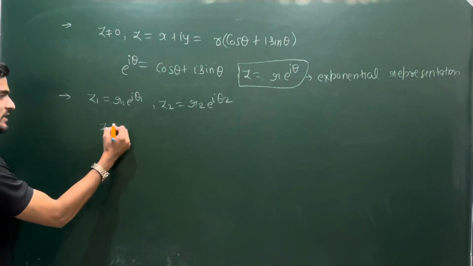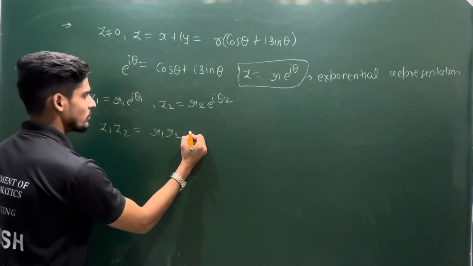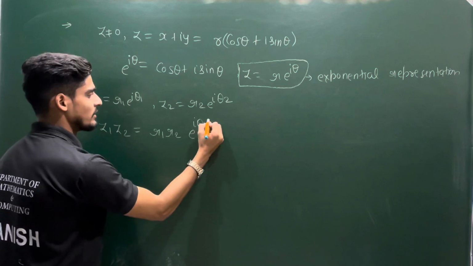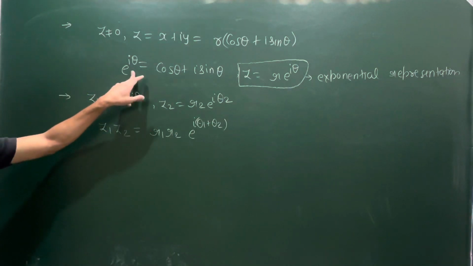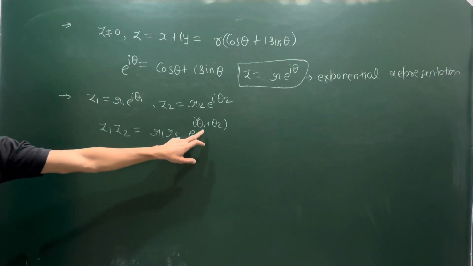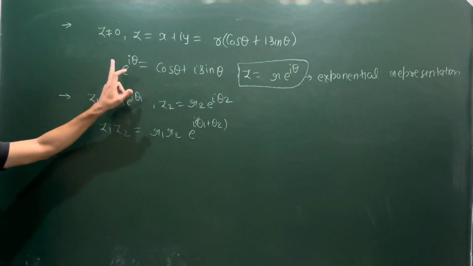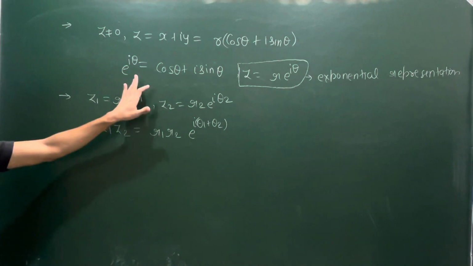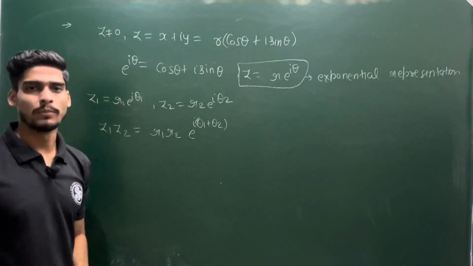What about this z1 z2? Can I say directly this is r1 r2 e power iota times theta 1 plus theta 2? See, this is a complex exponential. You cannot give me the guarantee that it is always true, because in the real exponential function you know that, but in complex numbers you cannot say always. If you can say, then give me a proof.